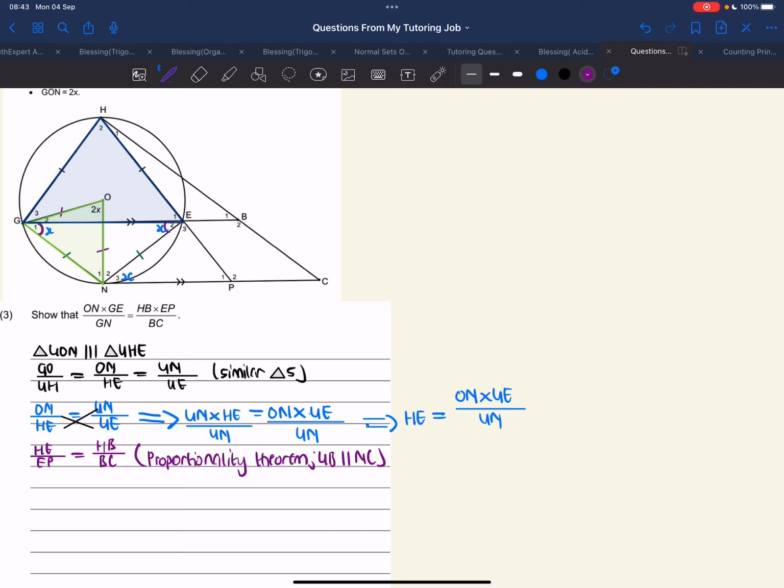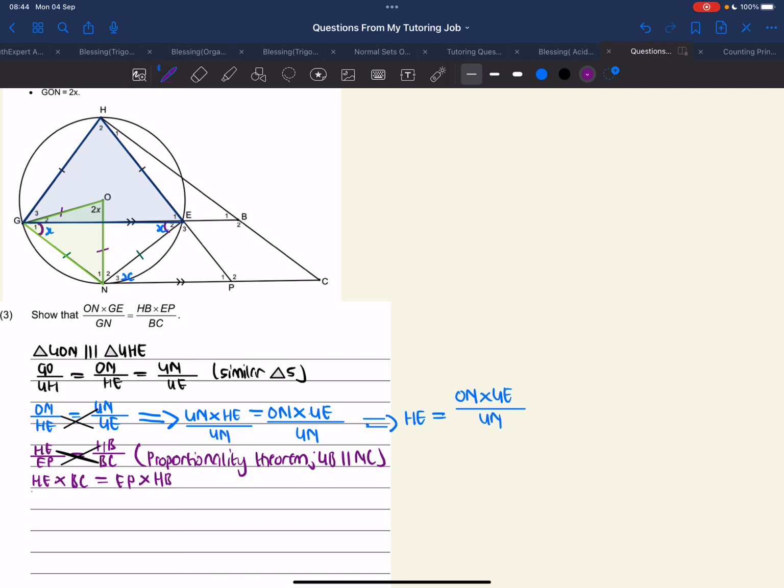Now to make HE alone in the other ratio, we're also going to cross multiply. So we have HE multiplied by BC is equal to EP multiplied by HB.